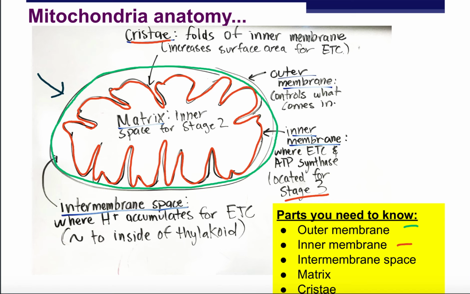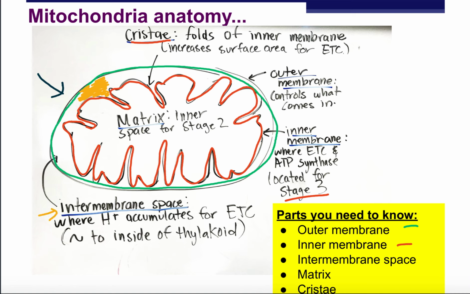Now, between the inner membrane and the outer membrane is a space, and I'm just going to color it in a little bit. That gap between the inner membrane and outer membrane is pretty thin, and that's actually really important because that's a zone where we pump hydrogen into to form a hydrogen gradient. So that's known as the intermembrane space.